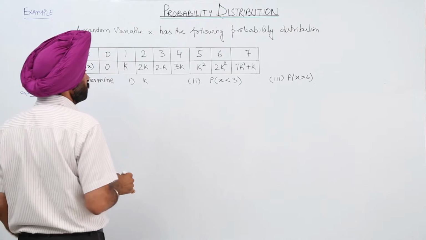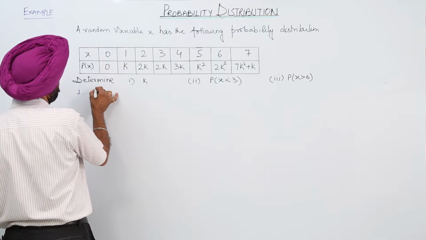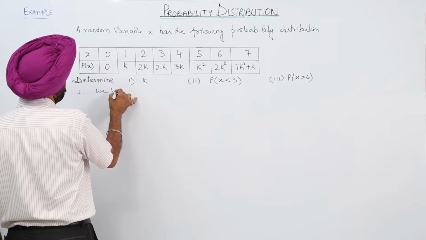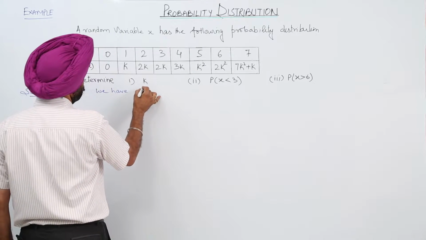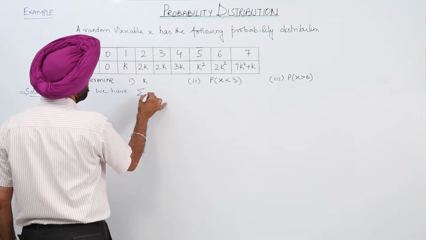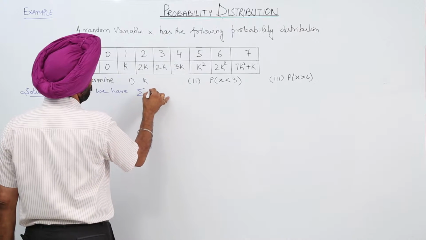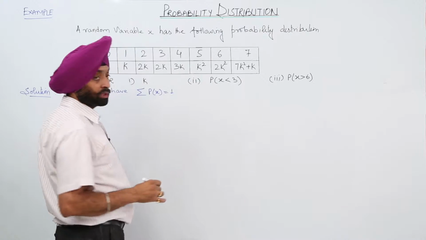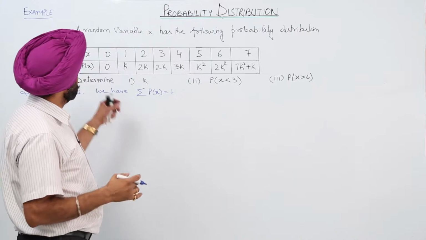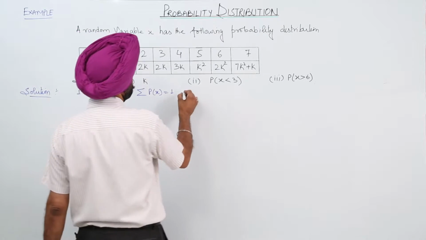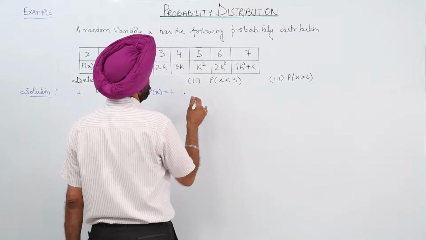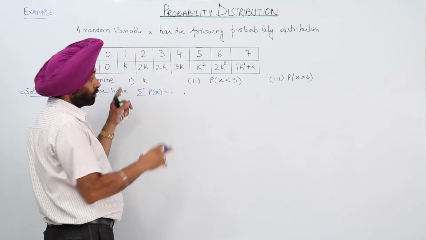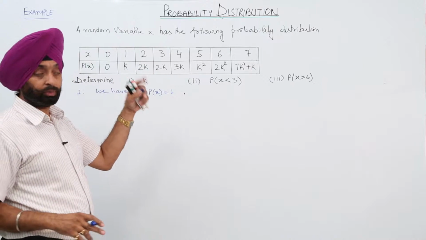So, number 1, for the value of k. The summation of all the probabilities will be 1. It can never be more than 1; it should always be 1. Whatever we have written here, the result will always be 1.